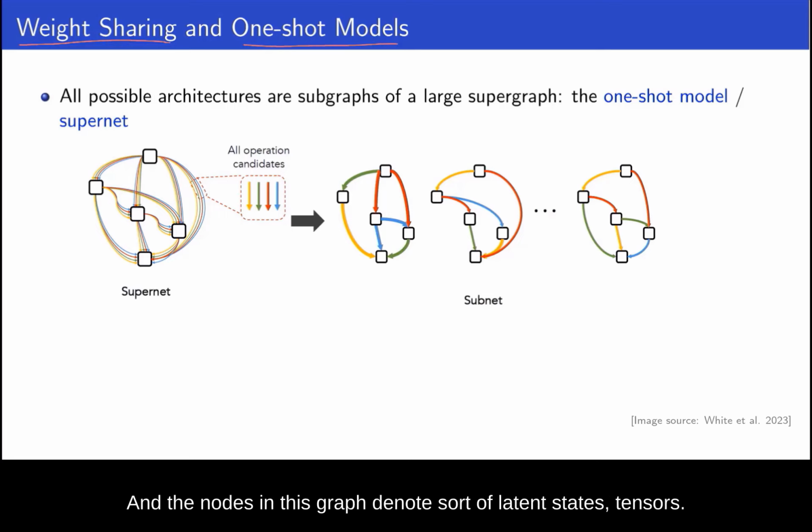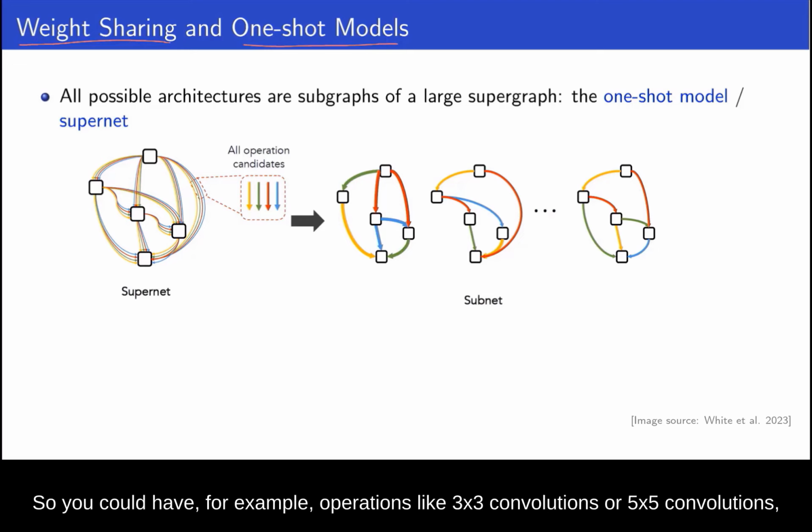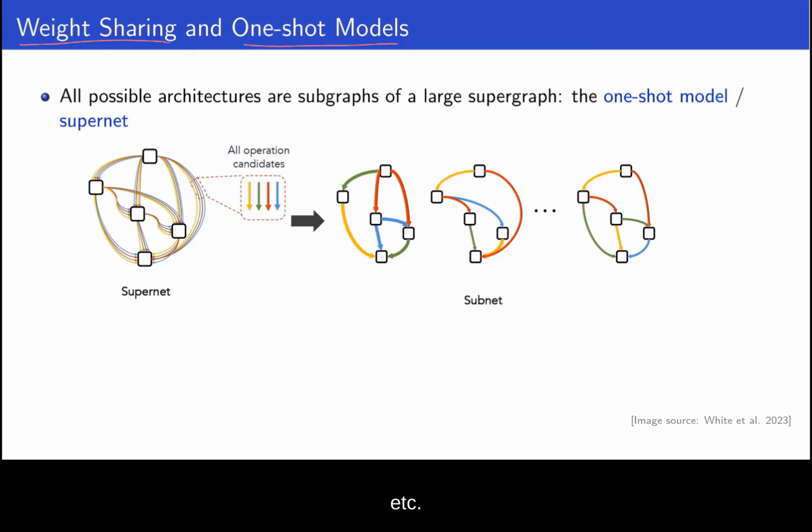And the nodes in this graph denote latent states, tensors. And the operation candidates just tell us what happens in between these tensors. So you could have, for example, operations like 3x3 convolutions or 5x5 convolutions, etc.